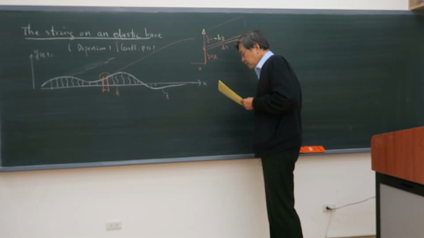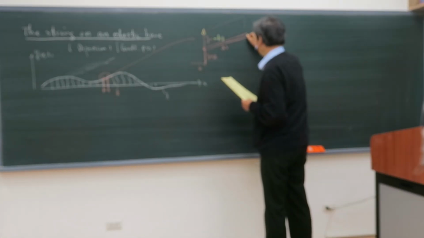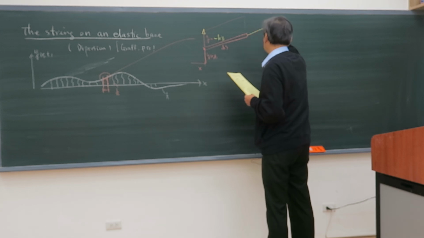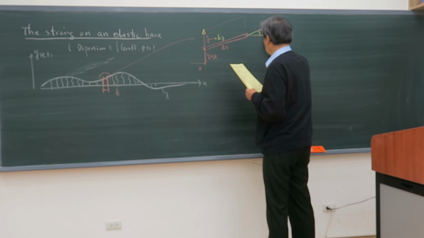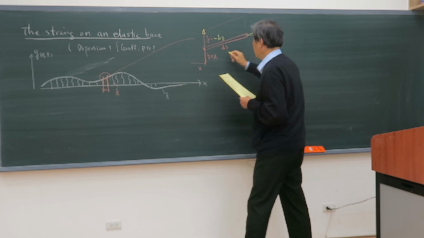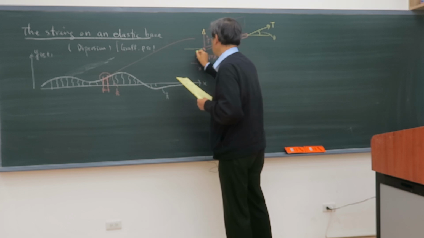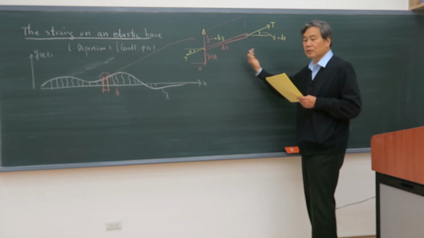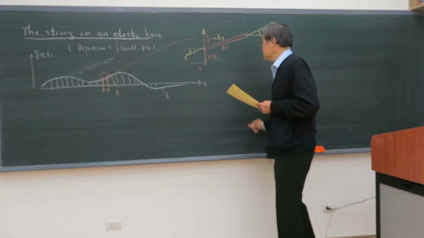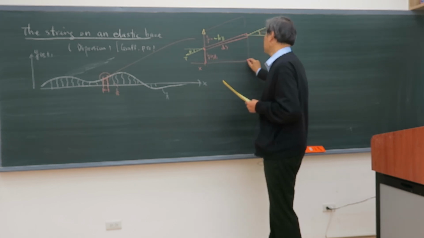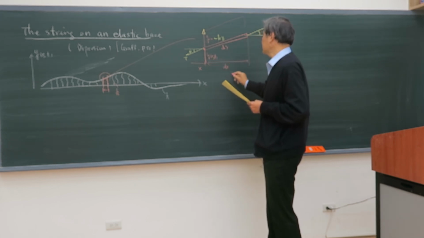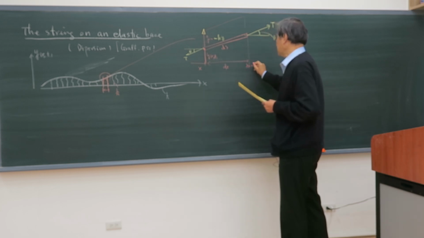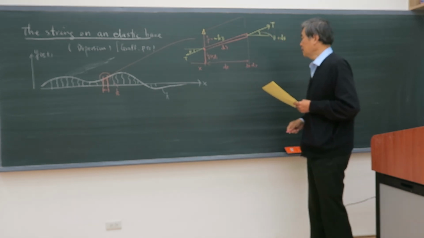The internal force is a tension T, but this angle will be theta, and theta plus d theta due to the increment of the x distance. This is dx, so this is at the x plus dx location.